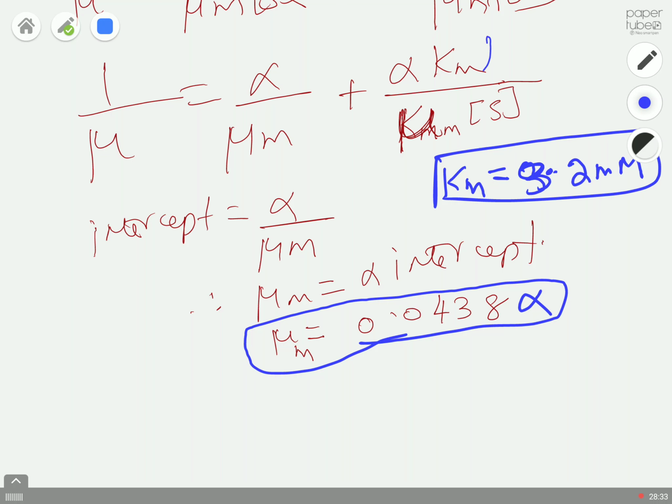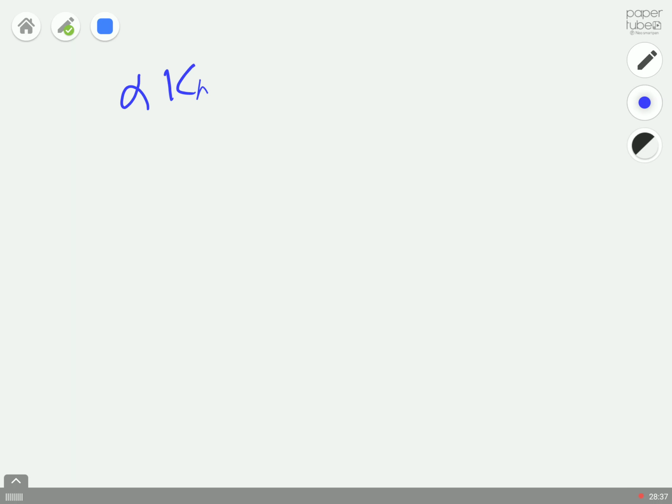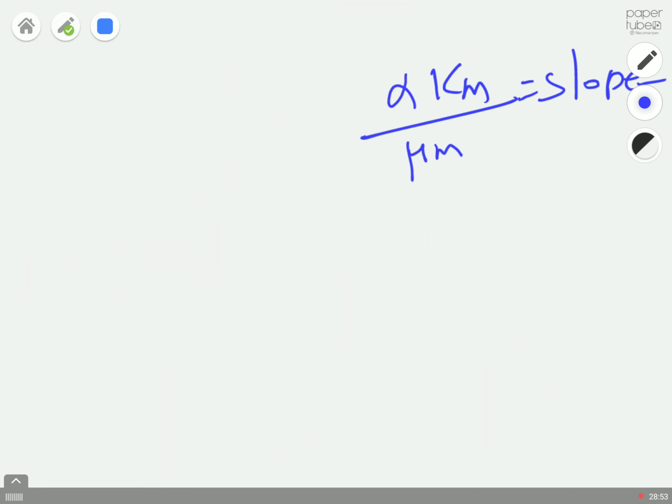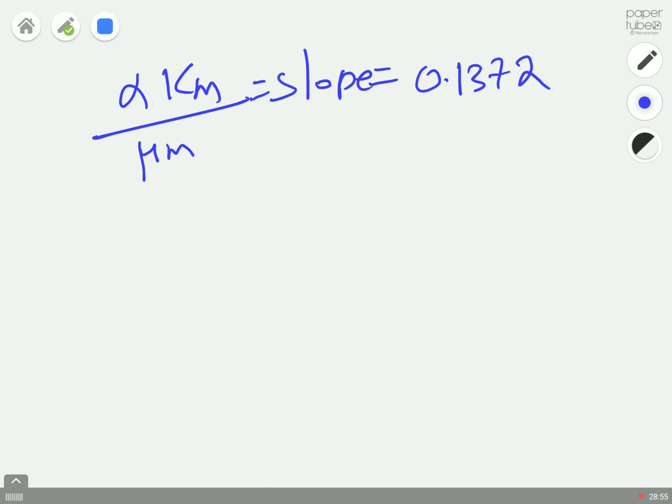So you have the slope here. Slope is nothing but alpha Km divided by mu m. That's your slope. That's equal to, if you go back to this line here, your slope is equal to 0.1372, and you have your Km value.